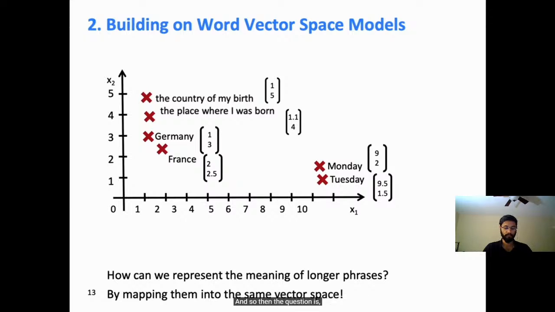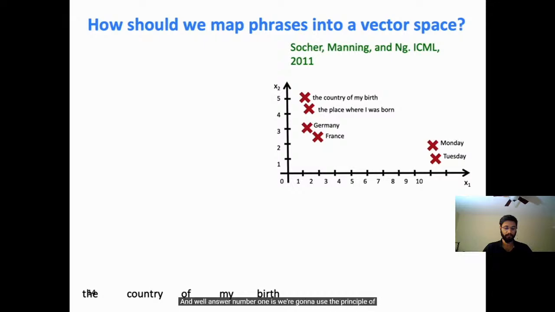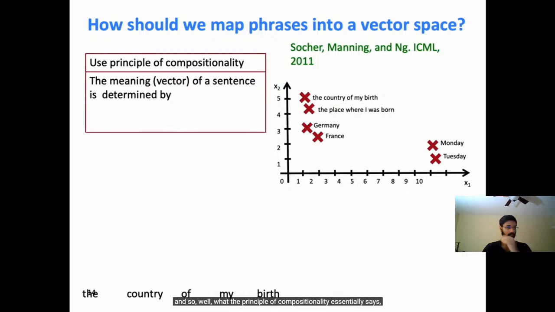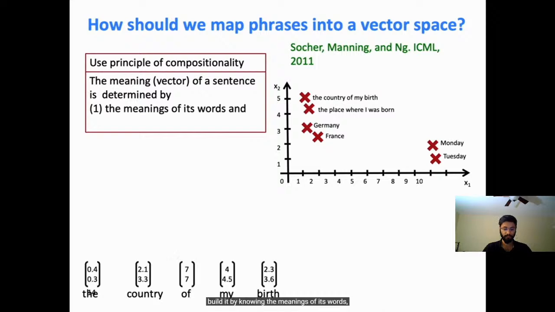And so then the question is, how could we go about doing that? Well, answer number one is we're going to use the principle of compositionality since we're sure it's right. What the principle of compositionality essentially says is that the meaning of any phrase, any constituent, you're going to build by knowing the meanings of its words and then having rules that combine these meanings.